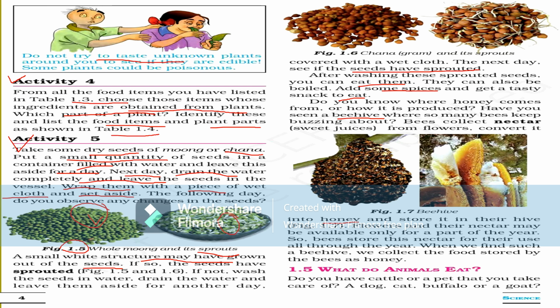You have seen the honey house, right? In the trees they keep and store it in their hive. Flowers and their nectar may be available only for a part of the year. So bees store their nectar for their use.